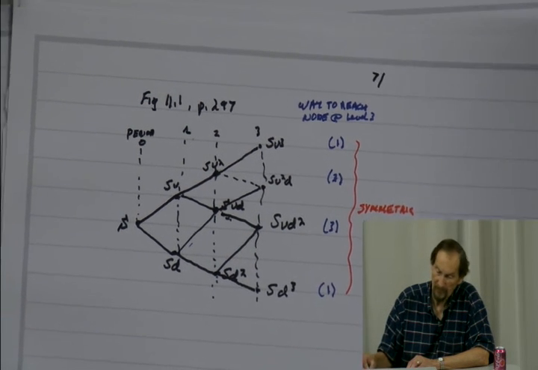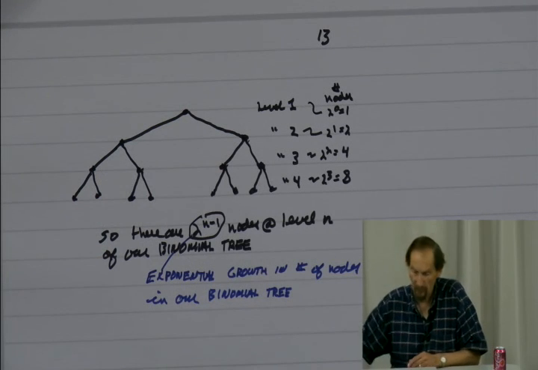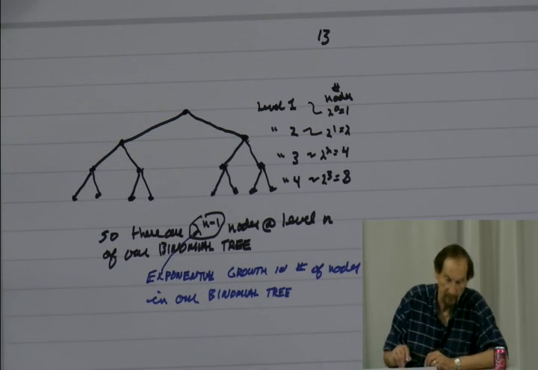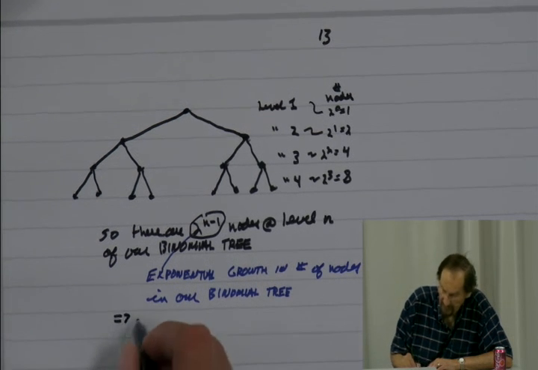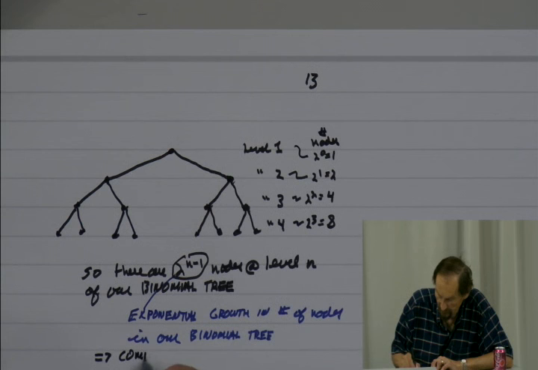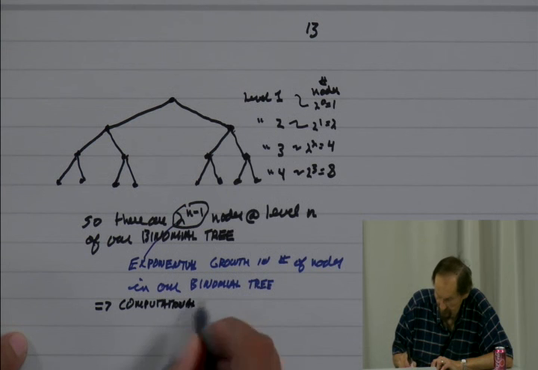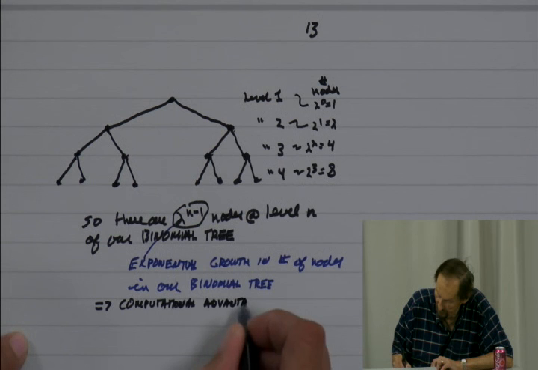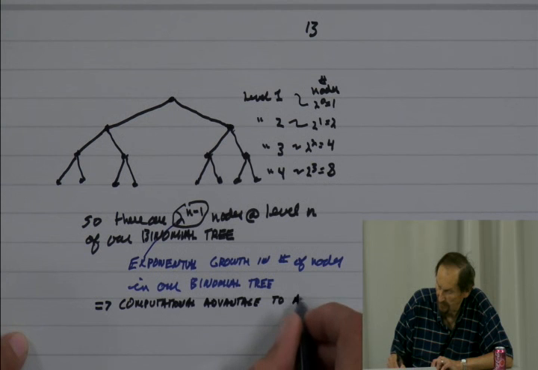So there is typically not just one way to reach each node. So this is a computational advantage to a lattice.